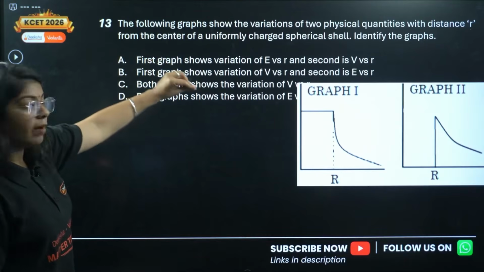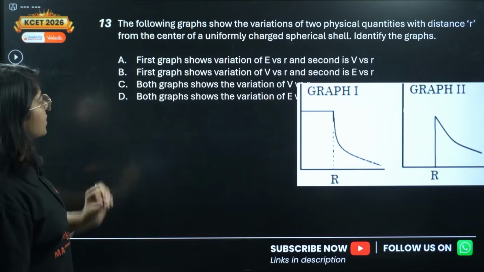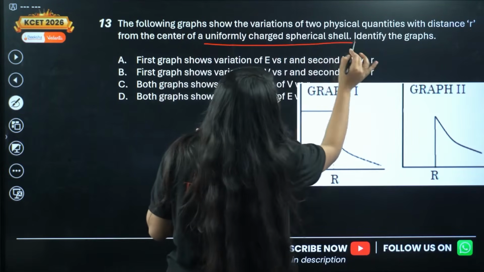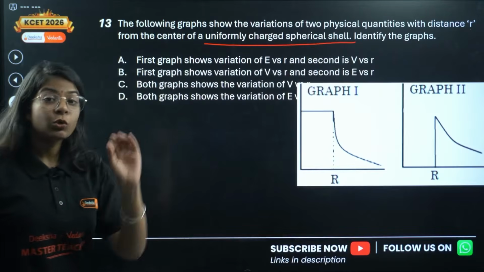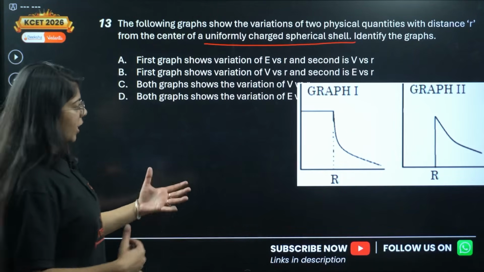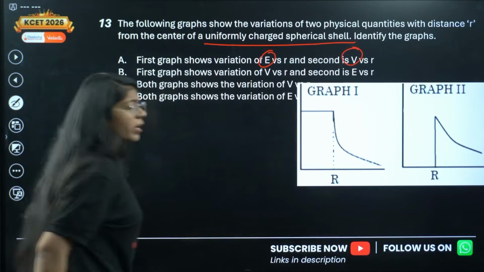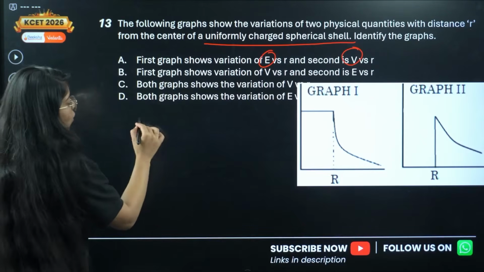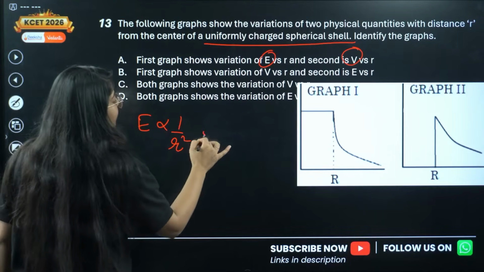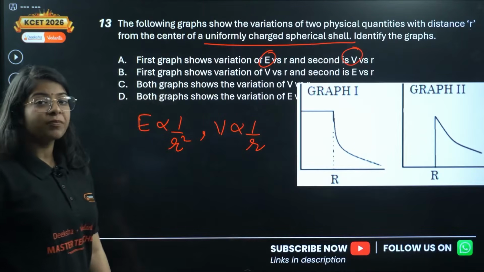13th question. This is a really great question. The following graphs show the variation of two physical quantities with a distance r from the center of a uniformly charged spherical shell. Identify the graphs. So, it's basically E or V. I know E varies inversely to the square of distance and V varies inversely to the first power of r.